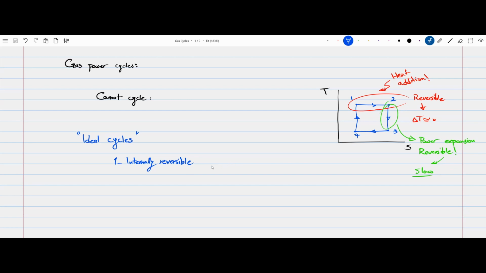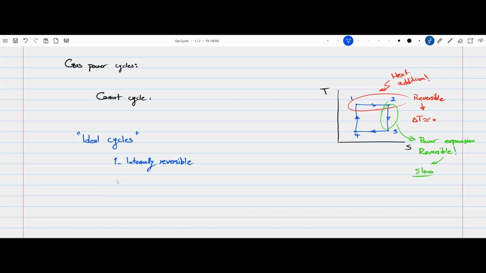So, for example, when we are adding heat, we want to make sure that the system can lose the same amount of heat and go back to its initial state, but we don't care what happens in the surroundings. So that is the main difference between an ideal cycle and a Carnot cycle. These cycles are not reversible, they are internally reversible.